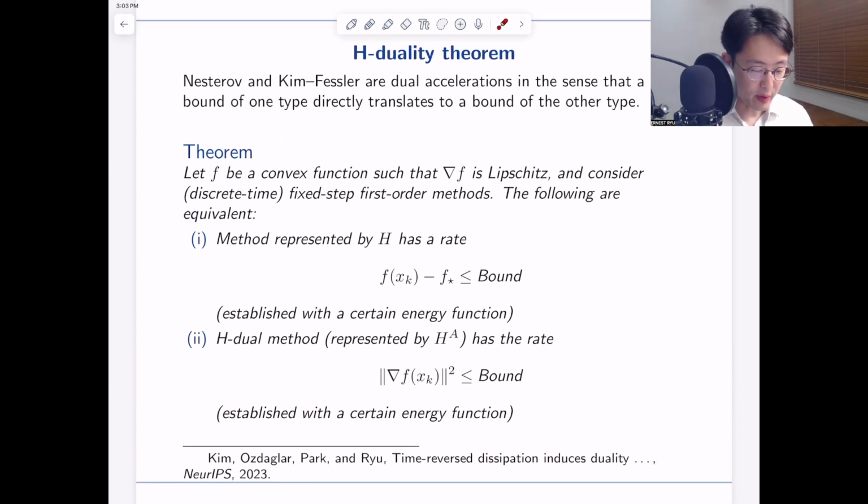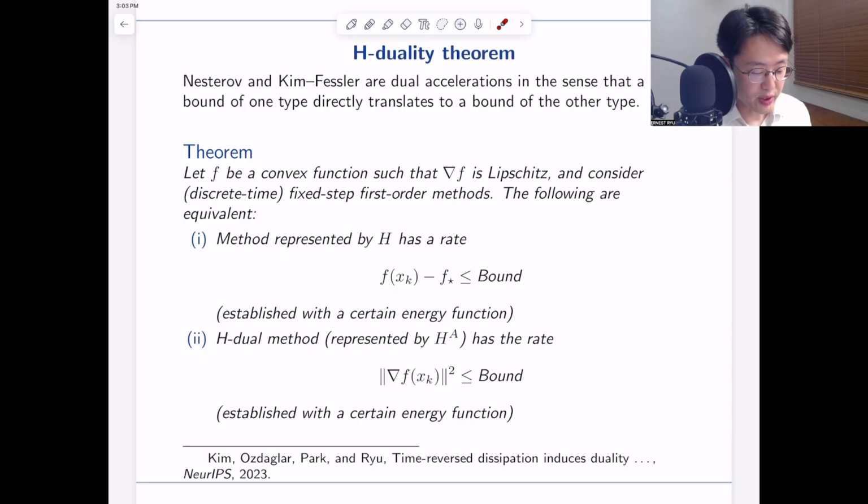And our main result that underpins our H-duality theorem is as follows. Let f be a convex function, and the gradient is Lipschitz continuous. These are all the standard assumptions, and we're going to consider the discrete time setting. The following are equivalent.